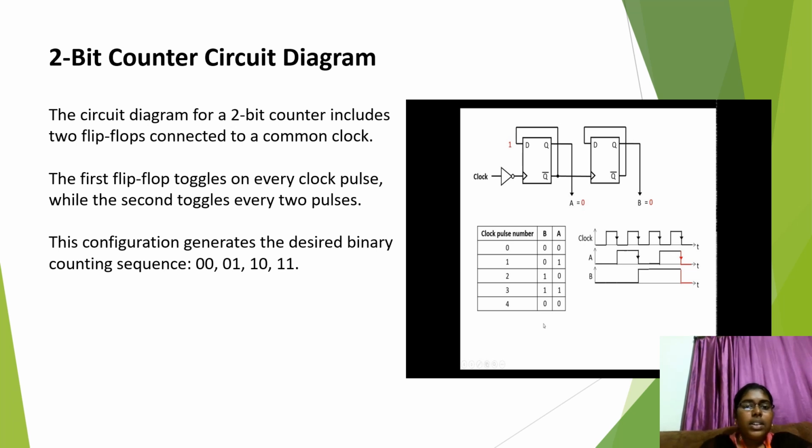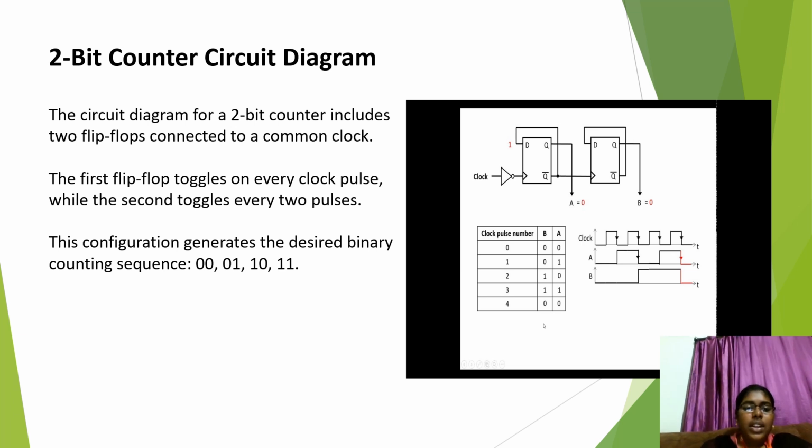2-bit counter circuit diagram. The diagram of a 2-bit up counter includes two flip-flops connected to a common clock. As we see here, the two flip-flops are connected to one clock. The first flip-flop toggles on every clock pulse, while the second toggles on every second pulse.